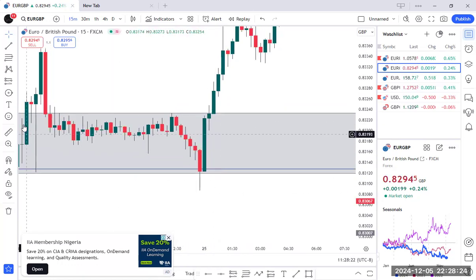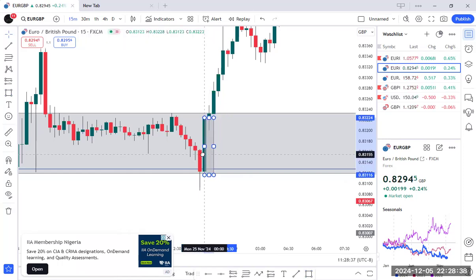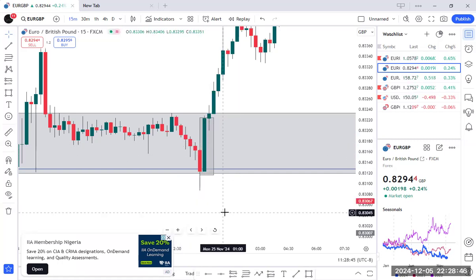If I haven't shown you the Mariposa candlestick, this is it here. This is a Mariposa candlestick. It's made up of a single candlestick. Once you see a Mariposa candlestick, it's a single candlestick without any wick. There is no wick on a Mariposa candlestick.